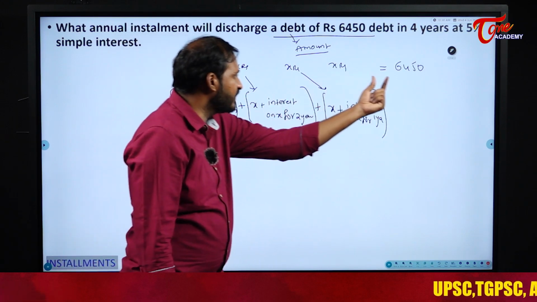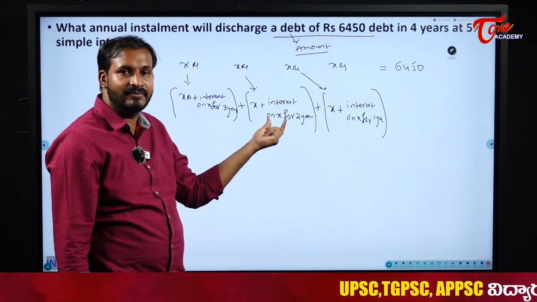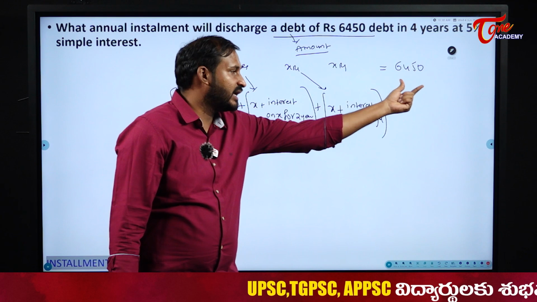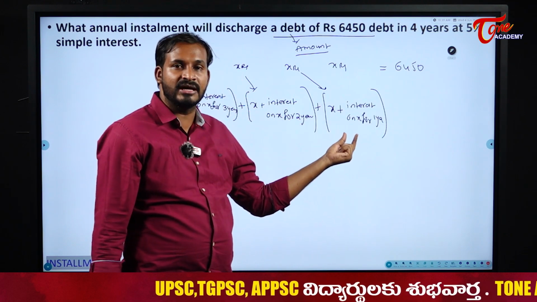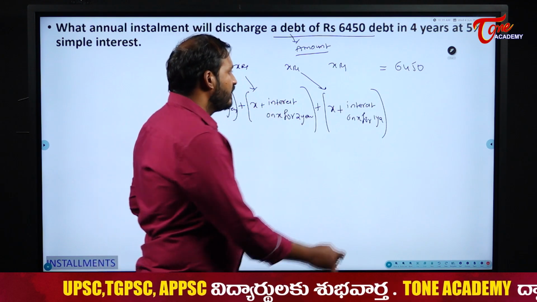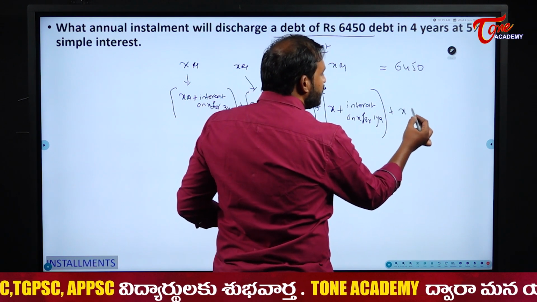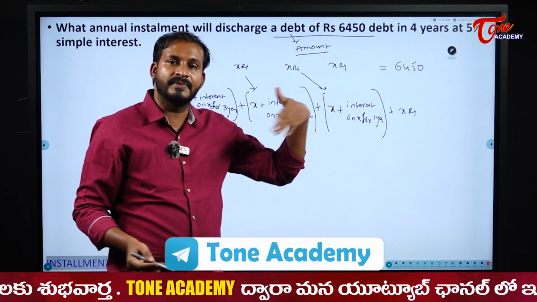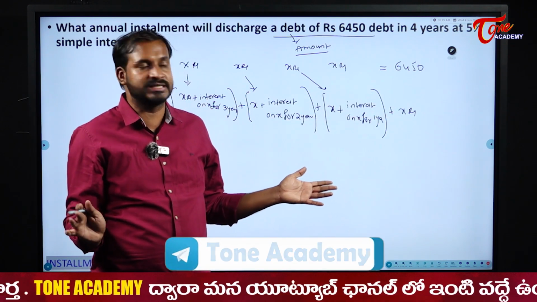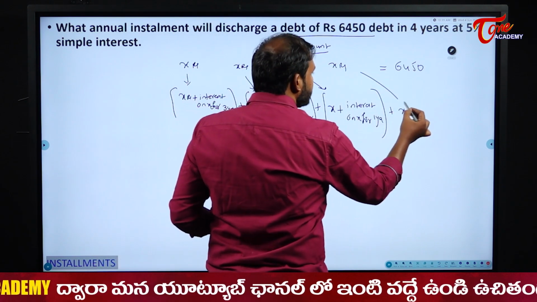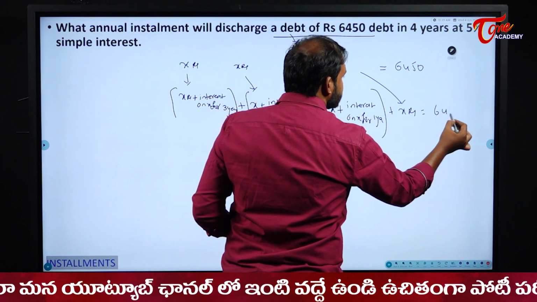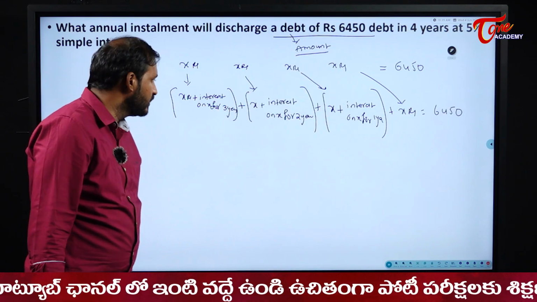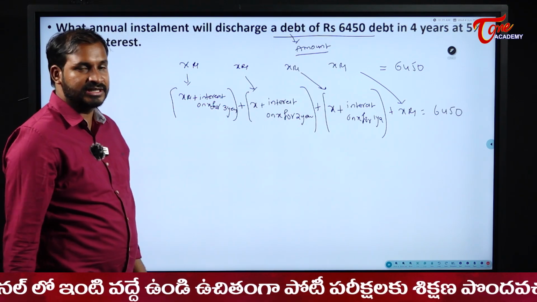What is the time difference between 4 years and the second installment, 2 years? 2 years. Between 4 years and my third installment, 3 years, it is 1 year. When it comes to the fourth installment, you need to pay after 4 years and it was also paid after 4 years, so there will be no interest earned on that x rupees. That will be the same x rupees. Understood?